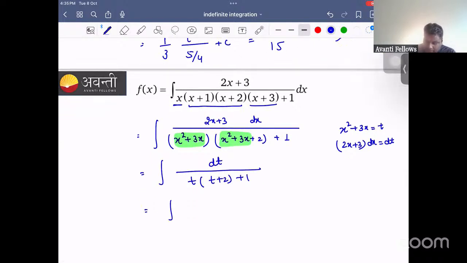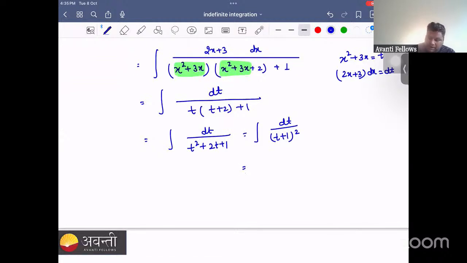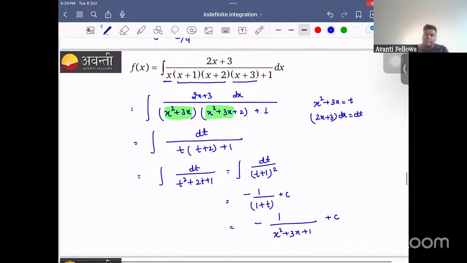Got it? So it is dt upon t square plus 2t plus 1, that is dt upon (t plus 1) whole square. So its answer will be minus 1 upon 1 plus t plus constant. That is minus 1 upon x square plus 3x plus 1 plus constant. See once.